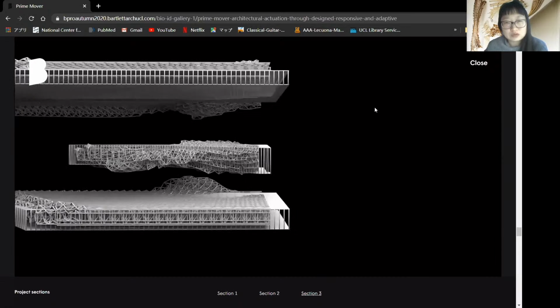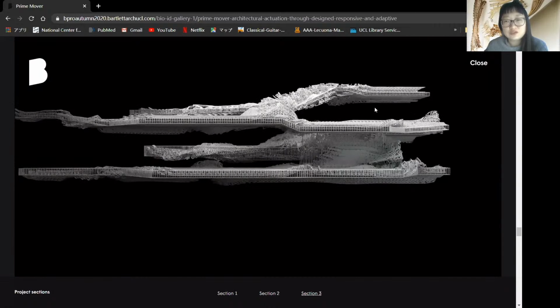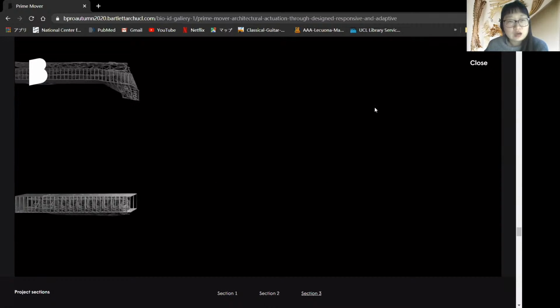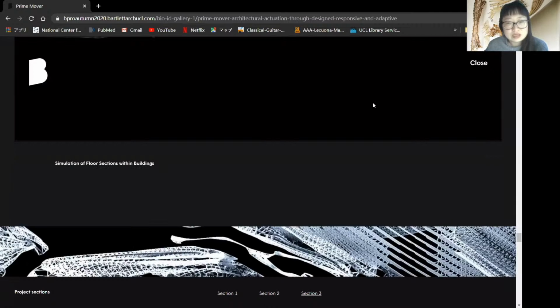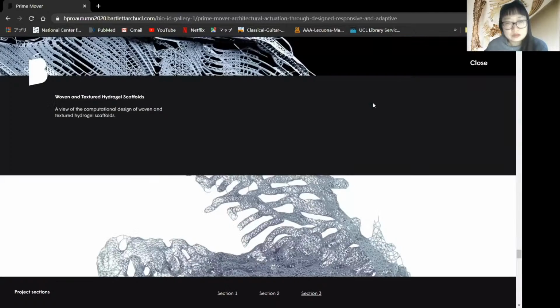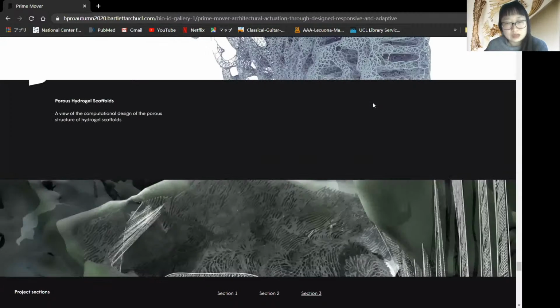It becomes a building. It replaces the inorganic conventional building materials that are used today. And this is another detailed image of some of the woven structures. This is another image of the detail. It's porous, it's quite intricate, it's very organic.